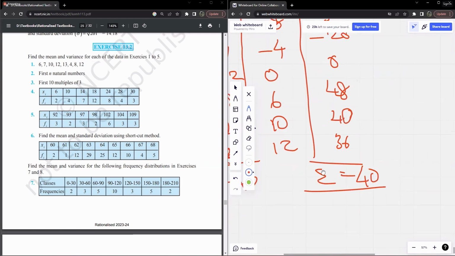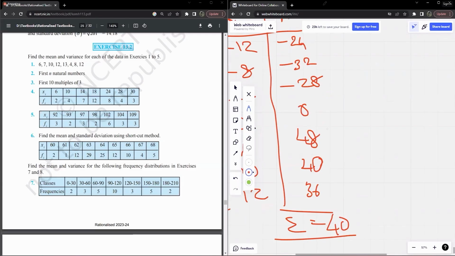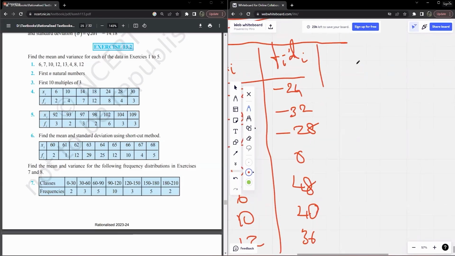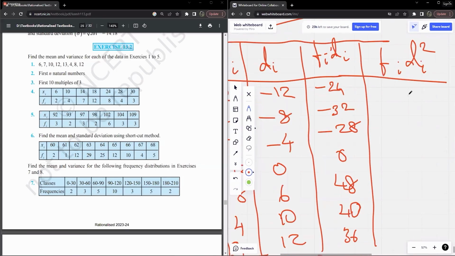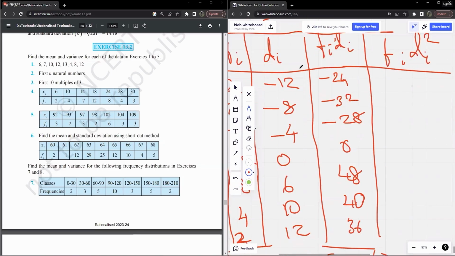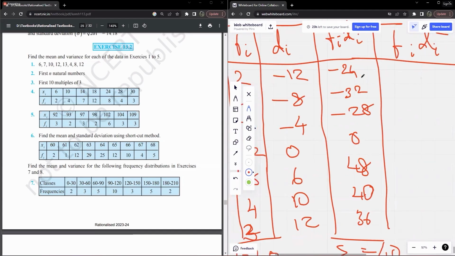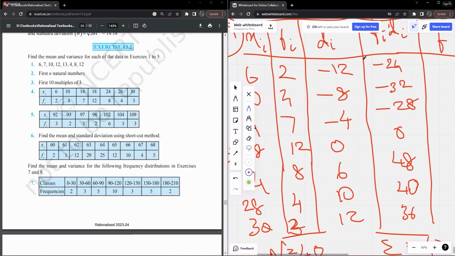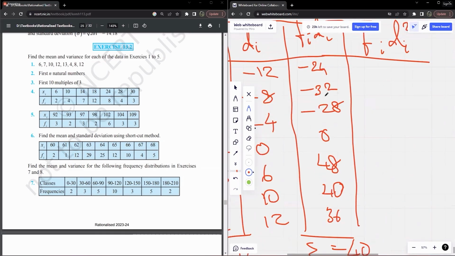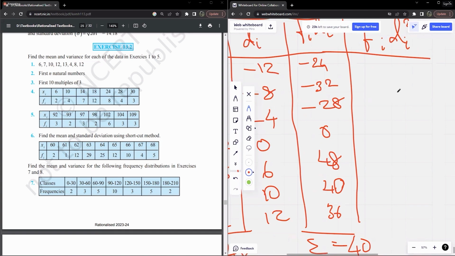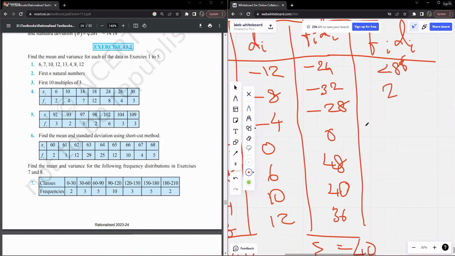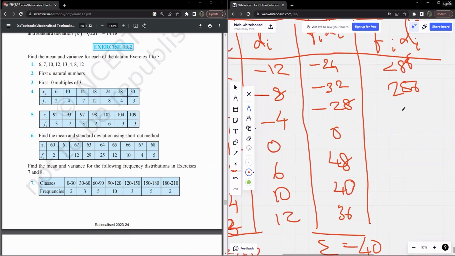Right. And the summation of fi di squared will then basically be 144 times 2, which is 288. This is 8 square 64 times 4, which is 256. This is 4 square 16 into 7, that's 112.